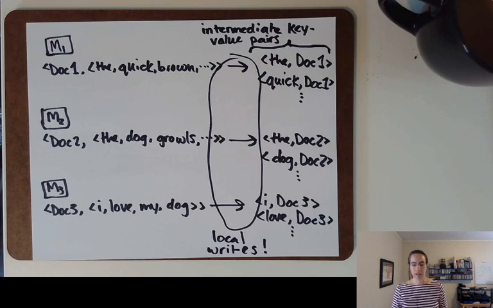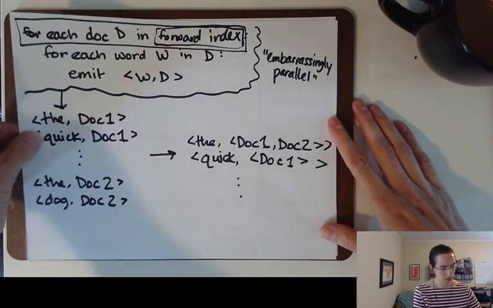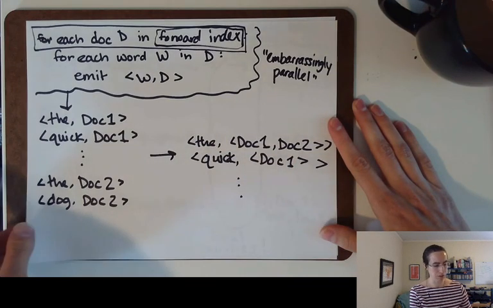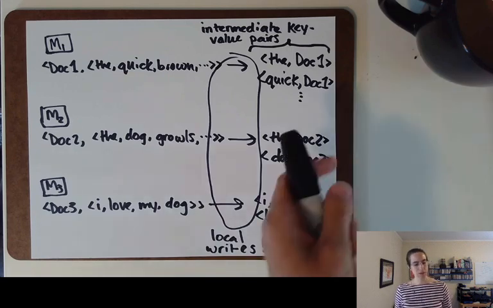Okay, but we're not done, right? We want to finish creating the inverted index. So what has to happen with the intermediate key value pairs now? If you have these, and what you want is something that looks like this, where you have a list from word to list of documents where that word occurs, somebody tell me what has to happen with these intermediate key value pairs.